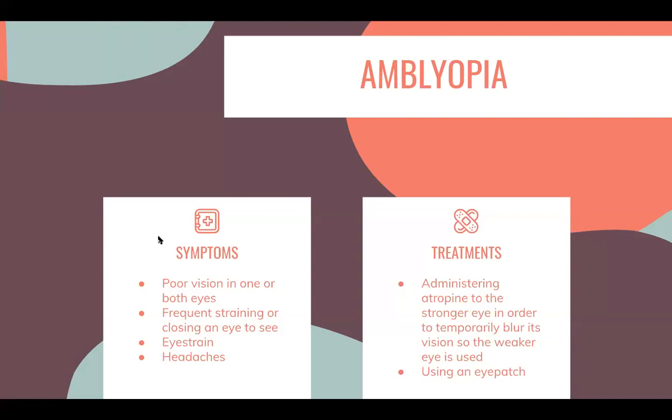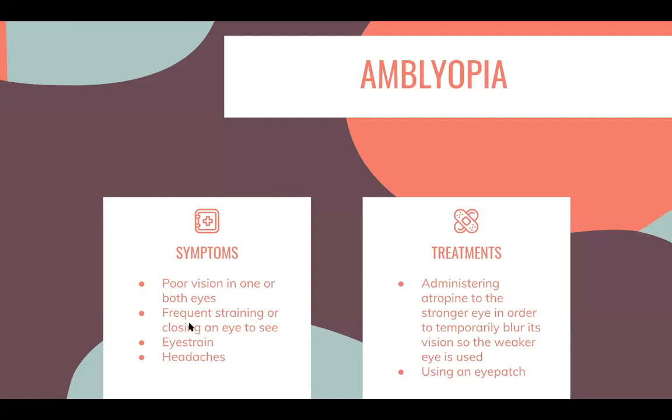if we look at the symptoms, there's poor vision in one or both eyes. A lot of people who have lazy eye have poor sight, so they wear glasses or contacts. They might have frequent straining, or they have to close an eye to see. I remember doing that when I was younger, before I had glasses.